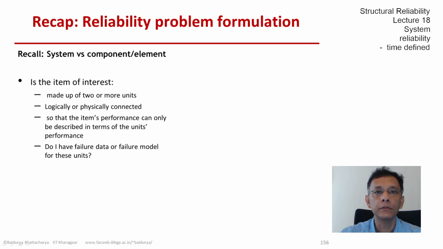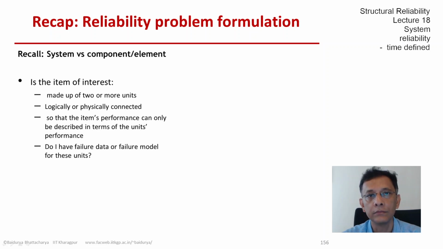Let's recap where this time-dependent issue comes from and where this system versus component division comes from. We did discuss this, so let's recap. The question is this: is the item of interest, what we want to find reliability for, made up of two or more units that are logically or physically connected, such that, and this is the key point, the item's performance can only be described in terms of the units' performance.